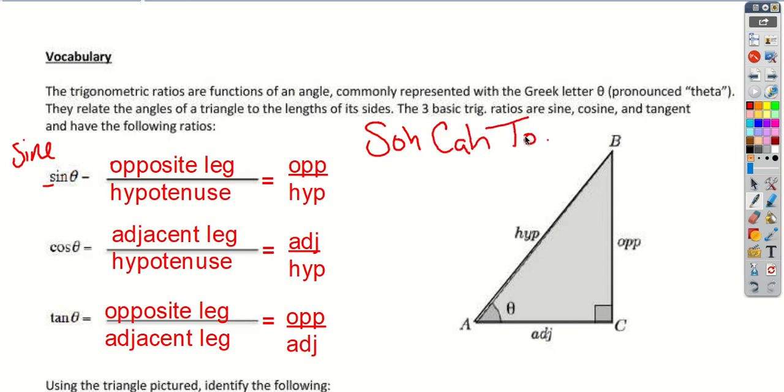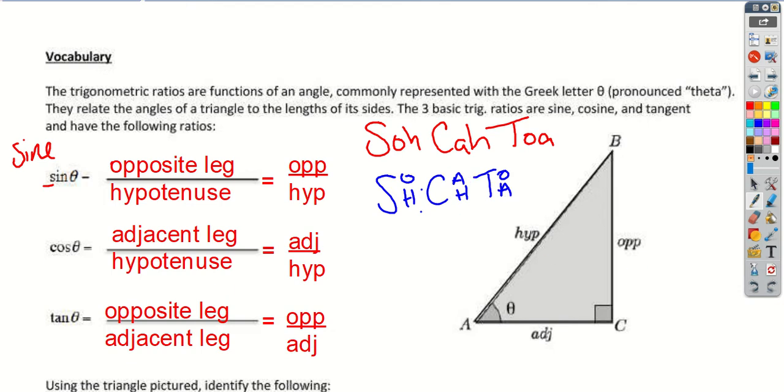And then TOA, that's how I was taught to remember tangent as opposite over adjacent, just using those first letters to create SOHCAHTOA. Now, what I started doing for myself was instead of writing it out like this, I started writing it as shorthand like this. I remembered that sine is equal to O over H, cosine is A over H, tangent is O over A.